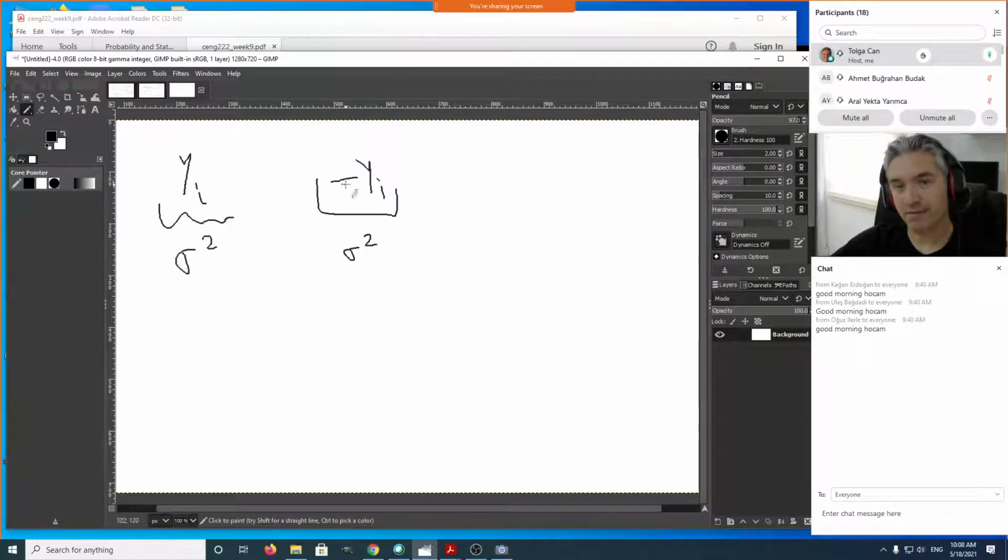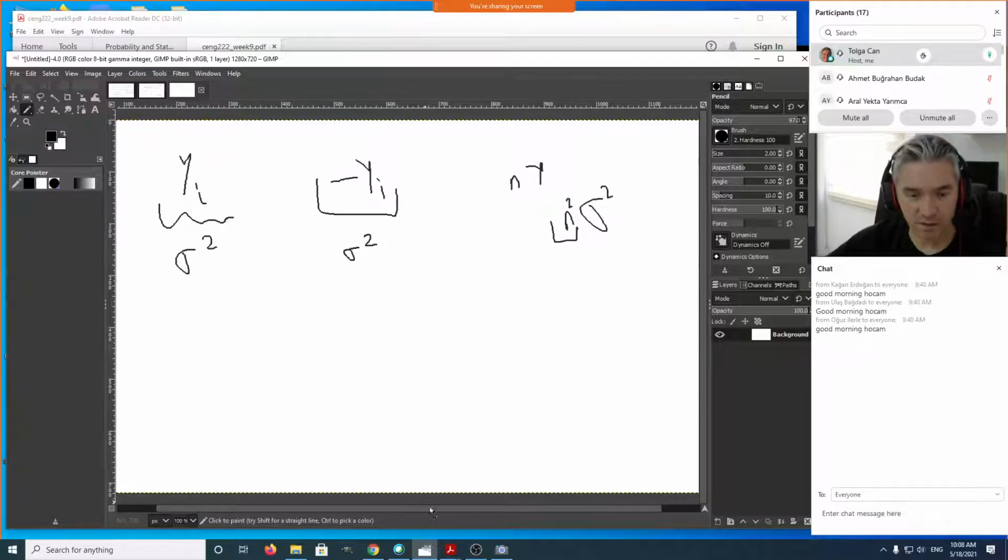If we have a constant in front, in other words n times y, its variance is going to be n square times the sigma square.